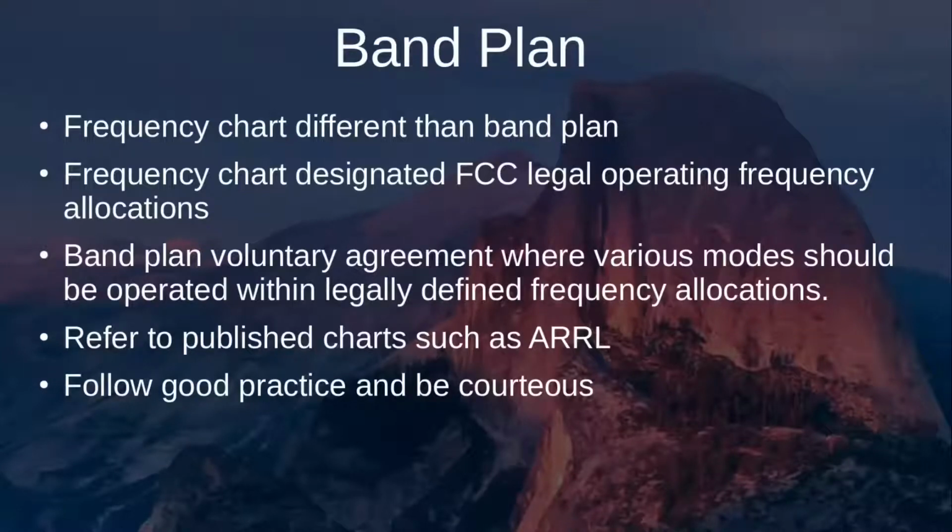Again, these aren't legal frequency allocations, but they're generally agreed upon by the amateur community that someone will operate CW on the lower portion of the bands and digital communications on the lower portions of the HF bands, and typically reserve the higher portions of the same 20 or 40 meter or 80 meter band for single sideband phone communication. It's essentially good amateur practice, and we need to be courteous to follow the band plan.